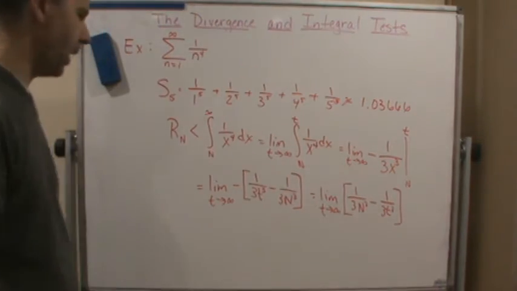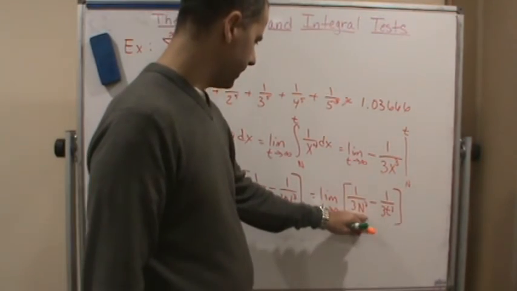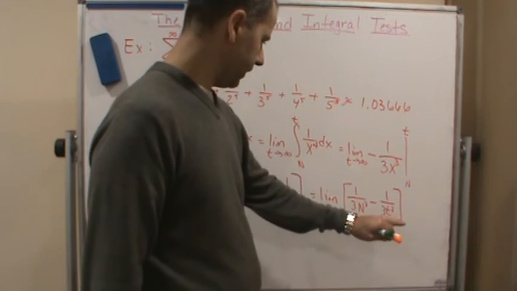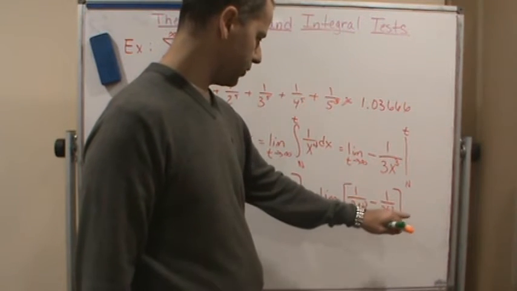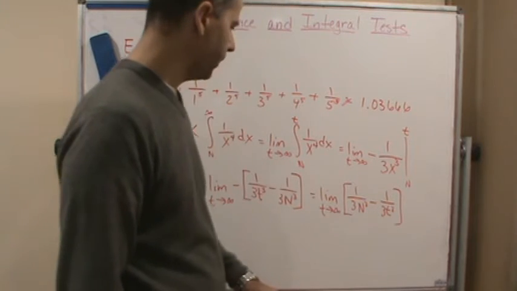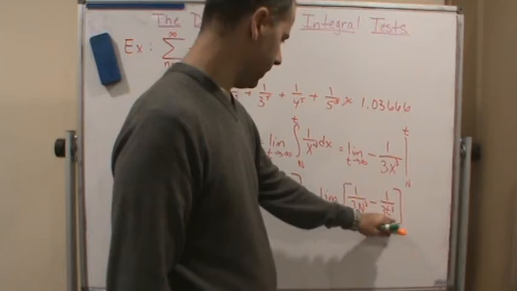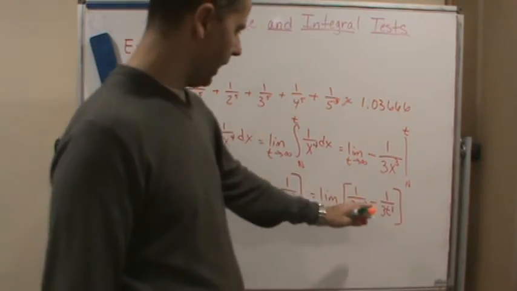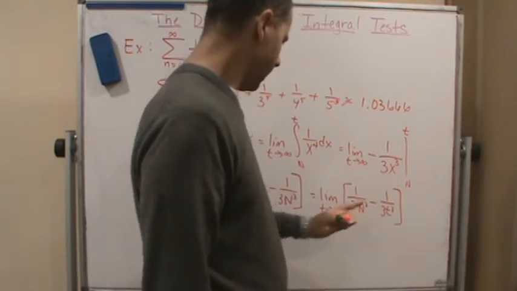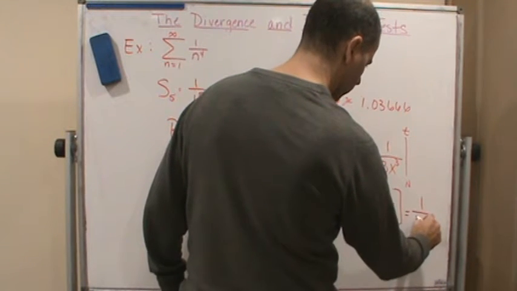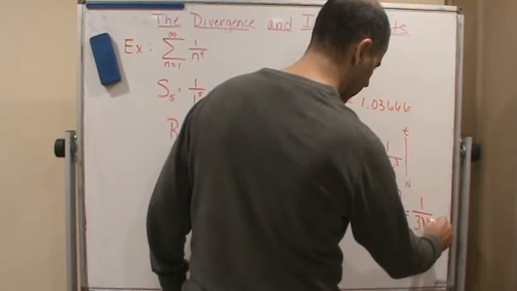Okay, so again, using the properties of limits, this doesn't have any t's in there, so this is just a constant, and this does have t's in there, so we can use the limit on this one. So it'll become this minus the limit of this as t approaches infinity. Well, obviously this goes to 0, so the limit of this thing goes to 1 over 3n cubed.